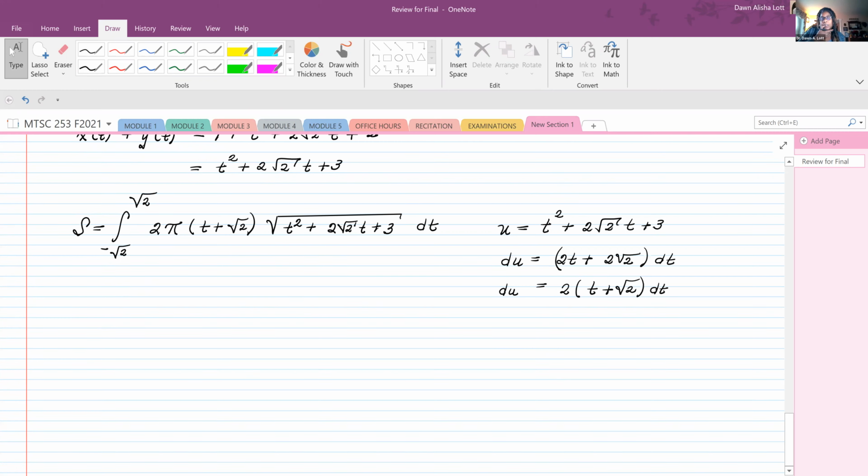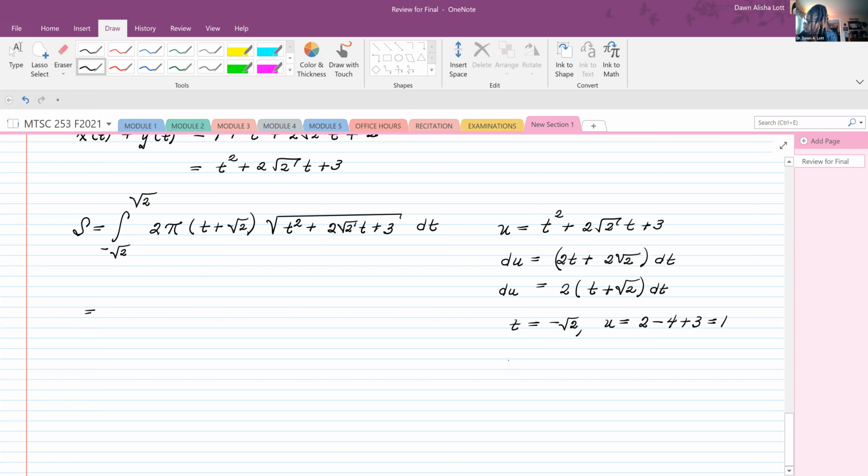Okay, so now you get the integral. When t is negative square root of 2, then u is going to equal, plug it in, that squared, which is 2, minus 4, plus 3.